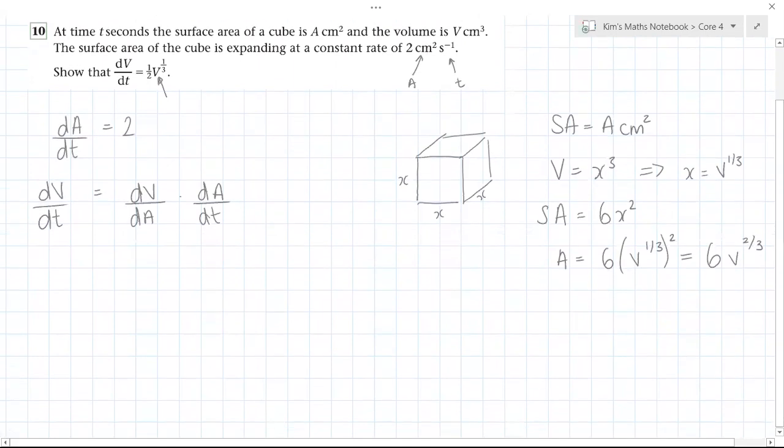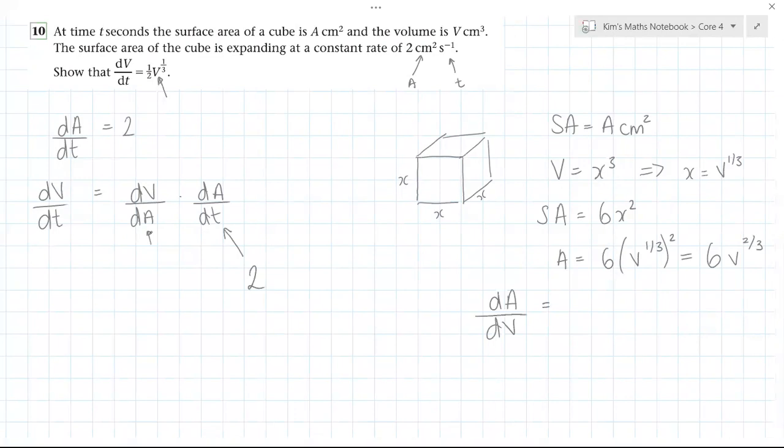So I know that this one here is equal to 2, and I know that A is equal to 6 V to the power of 2 over 3. So I can differentiate dA/dV, and that will give us something close to dV/dA. At the end we just need to flip it over. So I'm going to differentiate dA/dV.